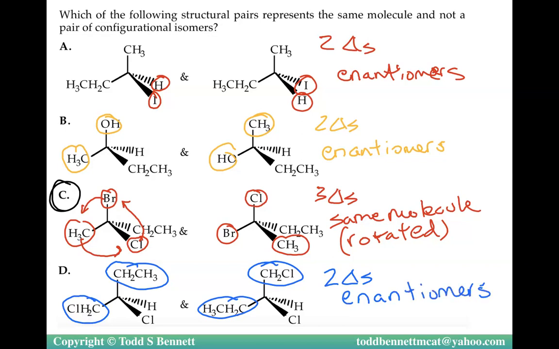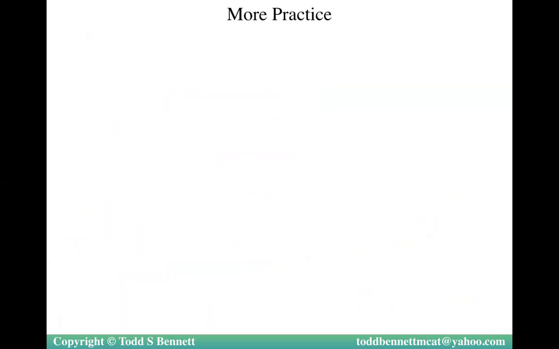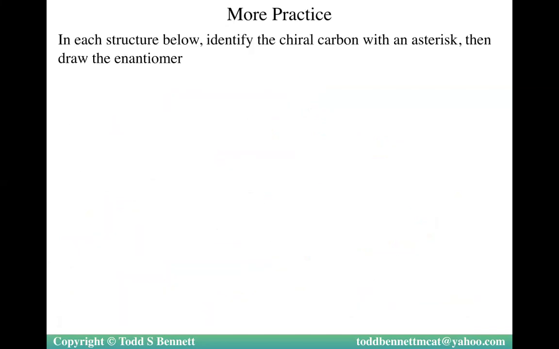So guess what? This must have been multiple choice. Not a surprise, and important that we go through each one. So 2 changes, they're enantiomers, 2 changes enantiomers, 2 changes enantiomers. When 3 things change, they have the same molecule rotated to be in a different 3-dimensional space. Not bad. Hey, some more practice.